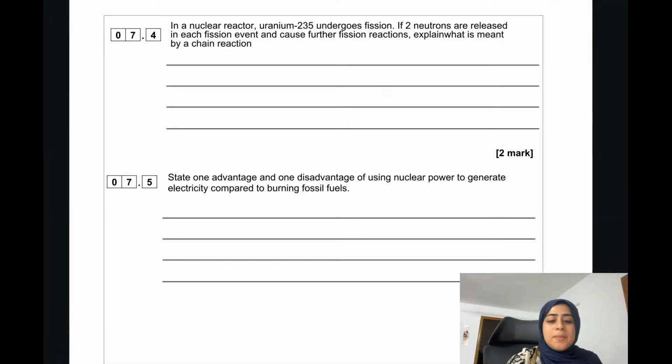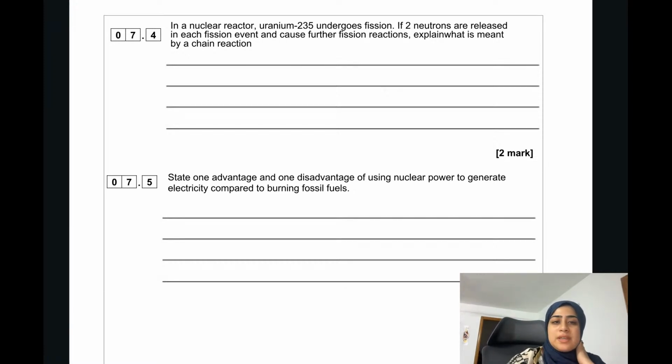Okay, next. In a nuclear reactor, uranium-235 undergoes fission. If 2 neutrons are released in each fission event and cause further fission reactions, explain what's meant by a chain reaction.